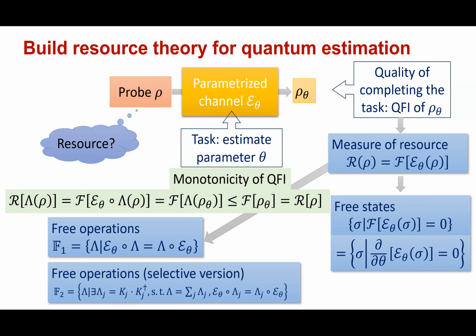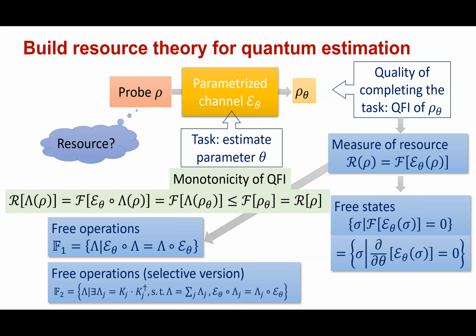And then we can define a selective version of this free operation, which means that there exists a set of Kraus decompositions for the channel, and each Kraus branch satisfies this commutativity condition.